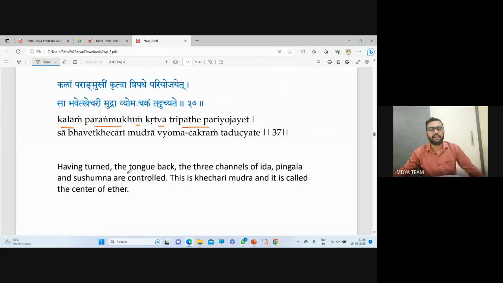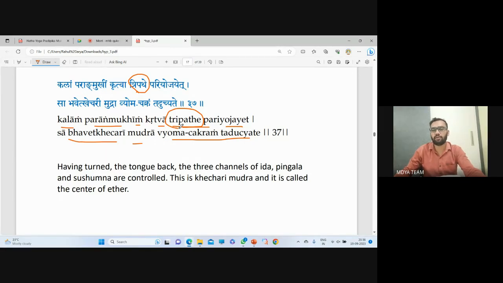Yes. Next shloka: Kalam Pranga Mukhi Kritva Tripathe Priyojayet, Sa Bhavet Khechari Mudra Vyoma Chakram Taduchyate. Okay. It means Tripathe. Here it is Tripathe, meaning, as I told you yesterday also, the path of the 3 rivers.